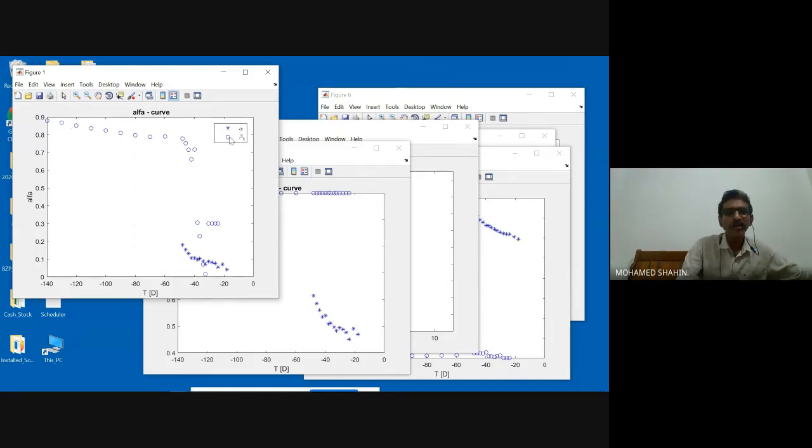For parameter alpha, you can see that there are two symbols. One is something like a star, or whatever you can call it, I call this a star. And the other one is an open circle.